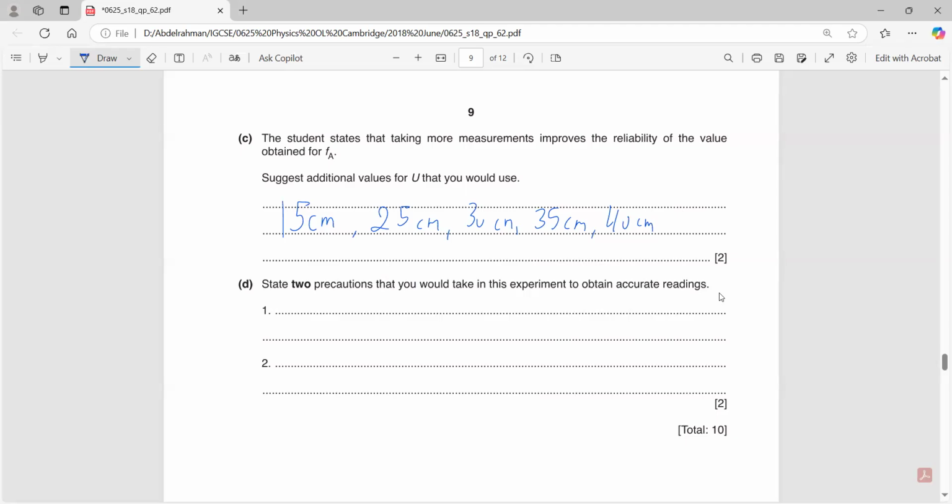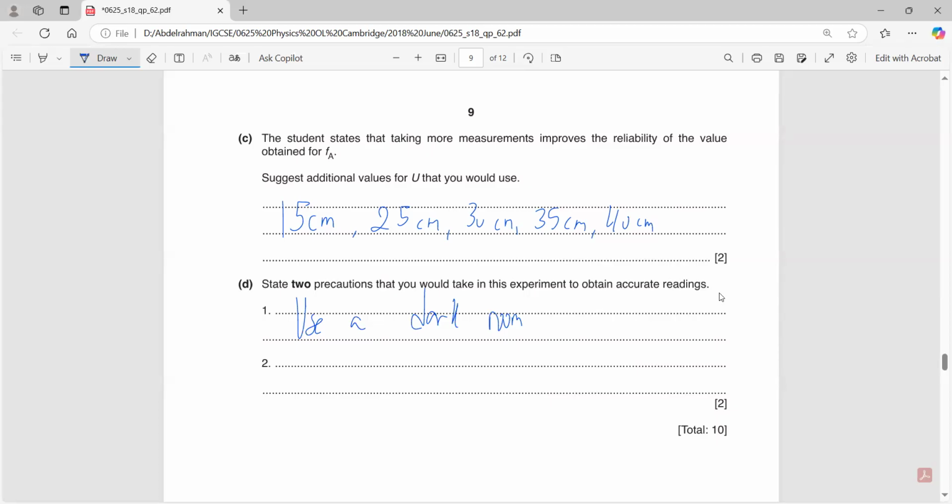Use a dark room, definitely. If the room isn't dark, it wouldn't be accurate. You wouldn't find the image to be that clear. You need the image to be clear. How can I find the image clearly? By using a dark room.